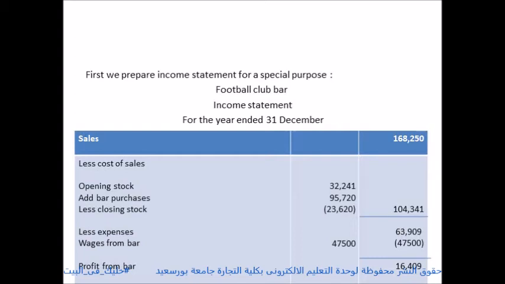So the profit from the bar will be 16,409. This profit will be transferred to the income and expenditure account as an income to the whole club.